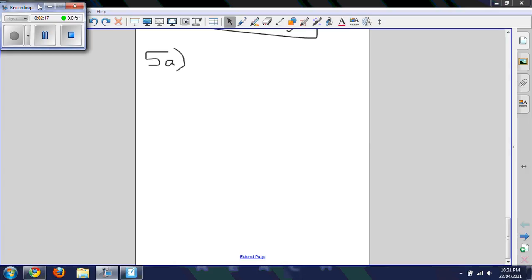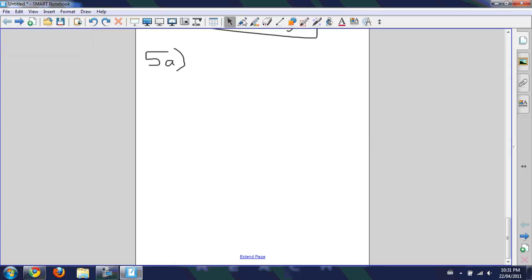So yeah. So right now I'm going to be doing question 5A from lesson 5.5, and the question is factor again, and it says 3x squared plus 7xy plus 2y squared.